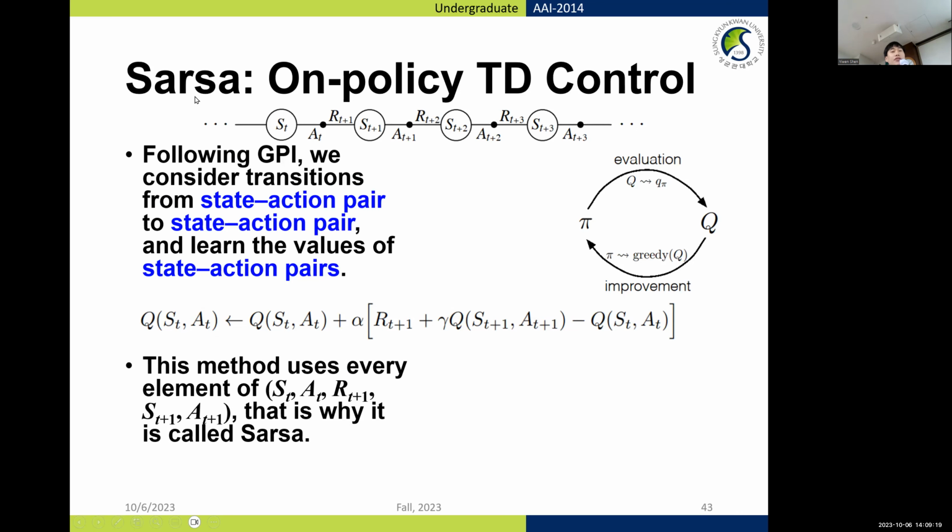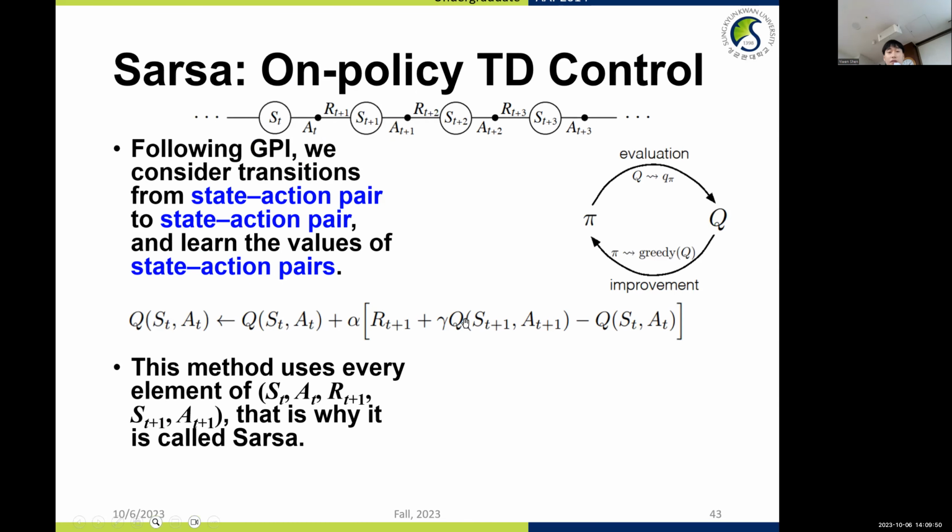Because this method uses all these elements together to update the action value function Q. Following GPI, the generalized policy iteration, we consider transitions from state-action pair to state-action pair, and the values of state-action pairs.